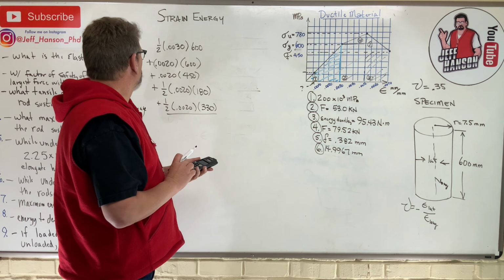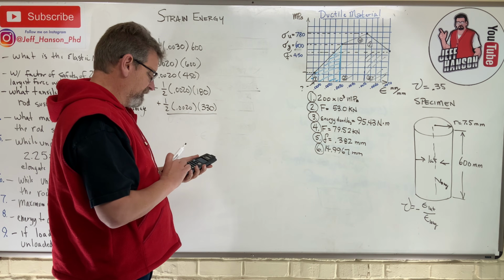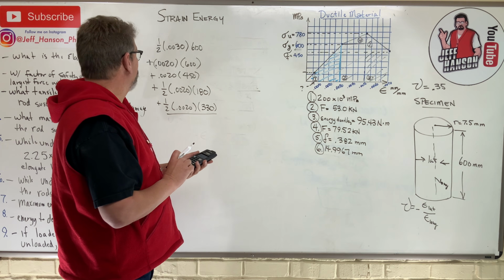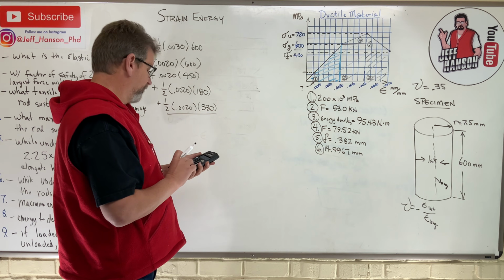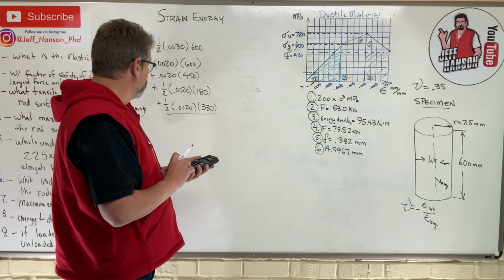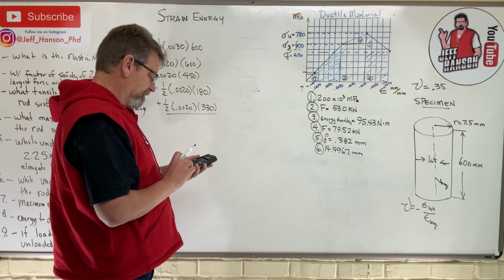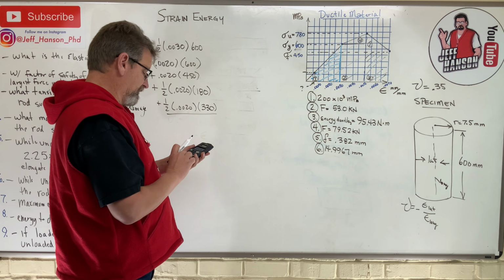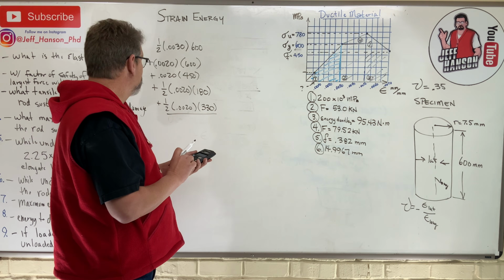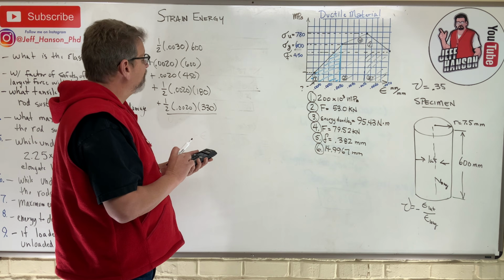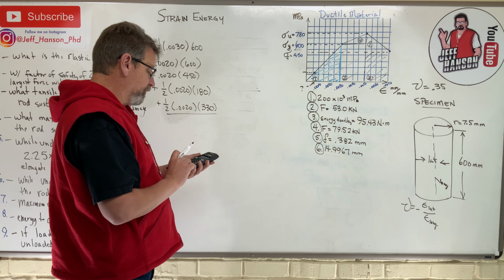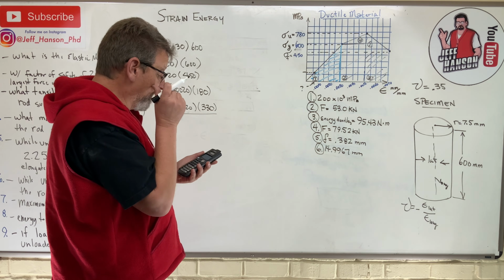So, 300 times 0.0030 plus 600 times 0.0020 plus 0.002 times 450 plus 90 times 0.002 plus, what is that, 150, 165? 165 times 0.002 equals 3.51.